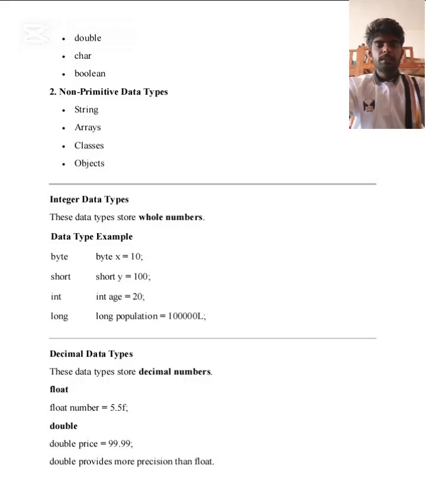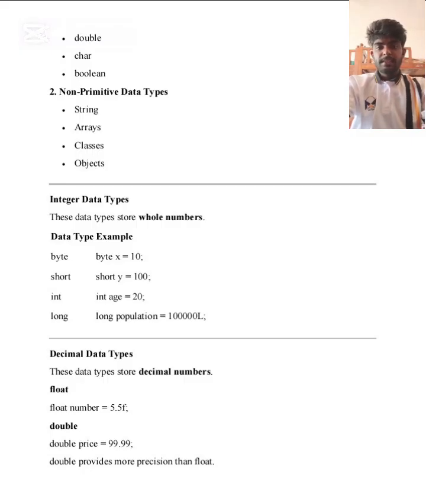For example, byte x = 10, short y = 100, int age = 20, long population = 100000L.